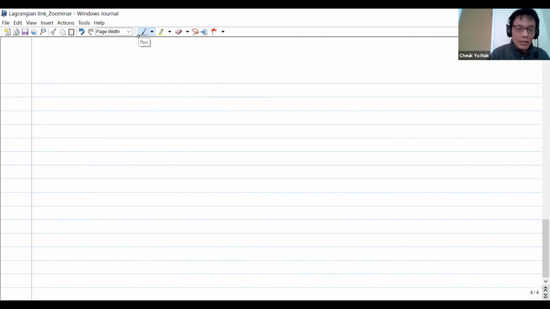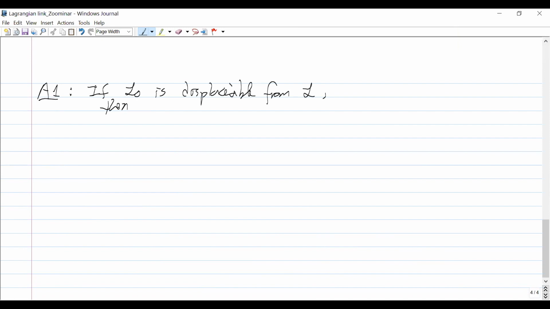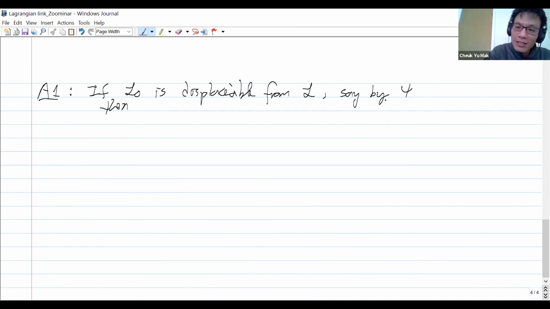So the answer to the first question is, if you think about it, if this one is displaceable from the union, say by a Hamiltonian phi, then the symmetric product of this one and the sim of this one will be empty.